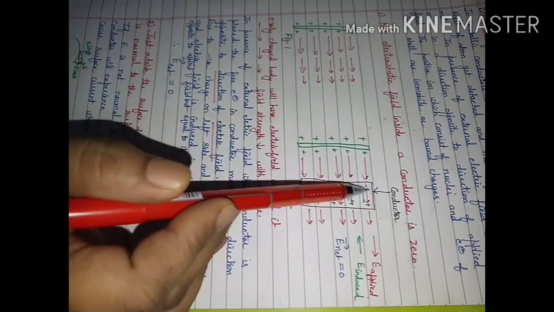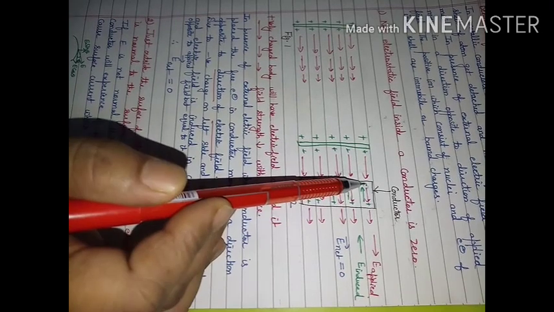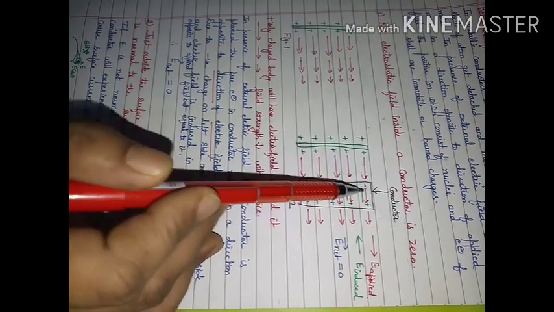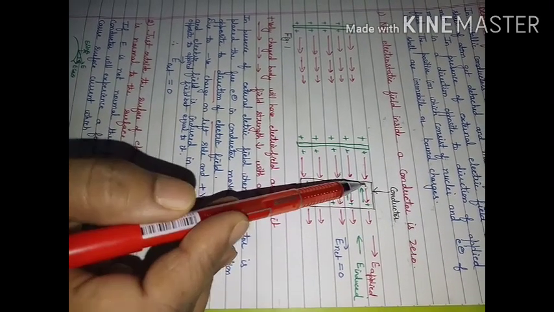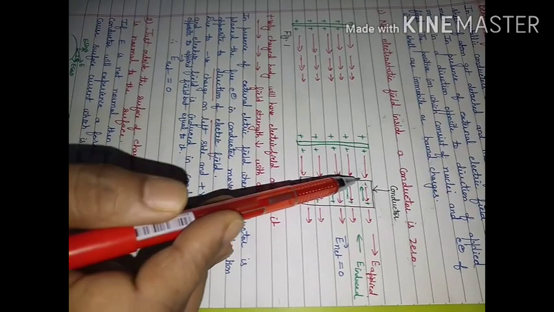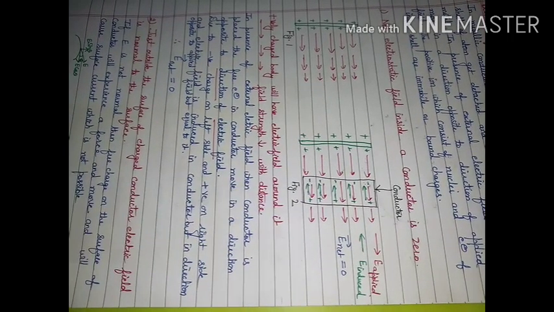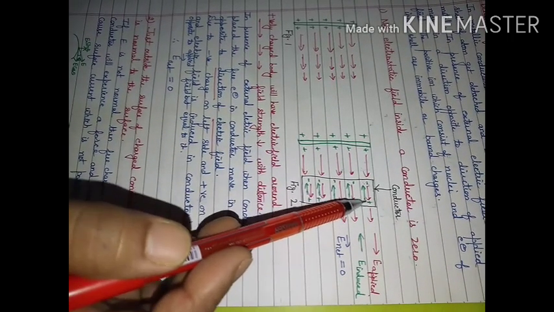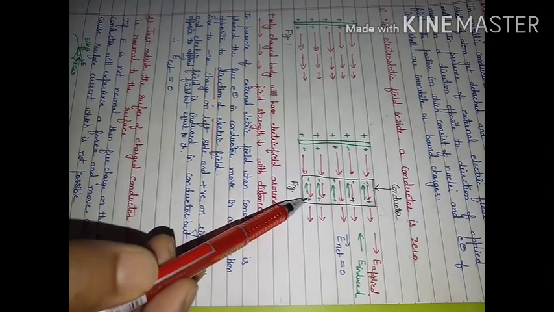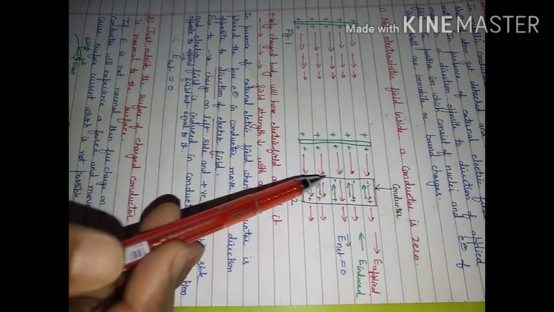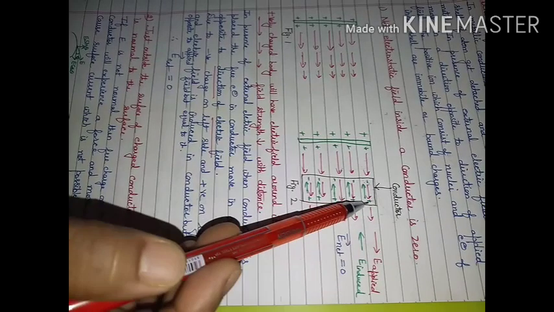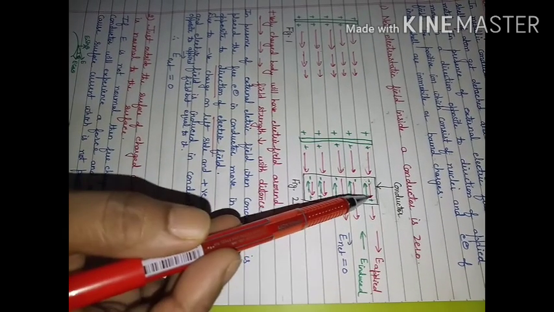This is the direction of the applied field, so they will move in a direction opposite to this direction. It means they will assemble at this side, and the positively charged ions will be on the other side.